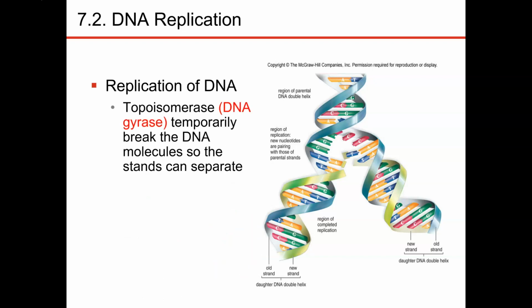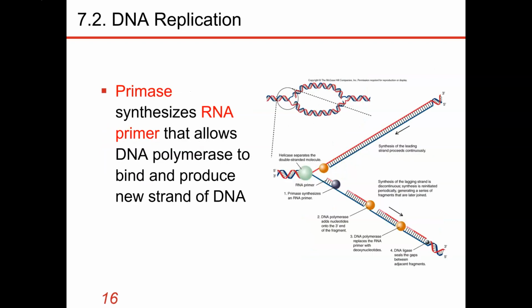Once we have the DNA starting to open and unwind, topoisomerase is an enzyme that breaks DNA molecules apart so that they can separate easier. And then we have primase, which is an RNA primer that produces a small structure that binds to the DNA.